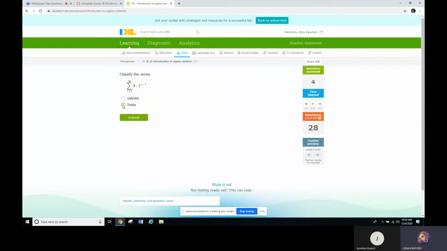This is finite, goes from 0 to 78, so there are 79 terms, including 0. It would be 1 to 78 would be 78 plus 0 is 79. Okay, this is finite. 0 to 15, there would be 16 terms. Finite. From 1 to, I think that's an 18, that would be 18 terms.